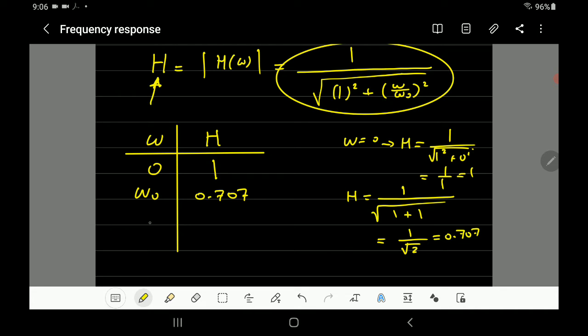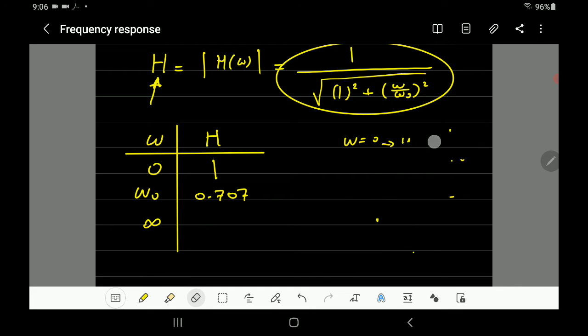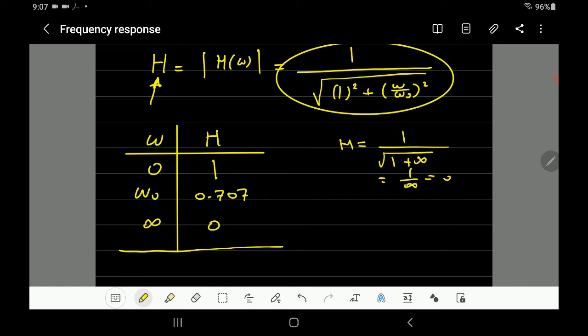Let's take a big value. When omega equals infinity, H will be equal to 1 over the square root of 1 squared plus infinity squared. So it's 1 over infinity, which is equal to 0 again. So I just got very simple values.